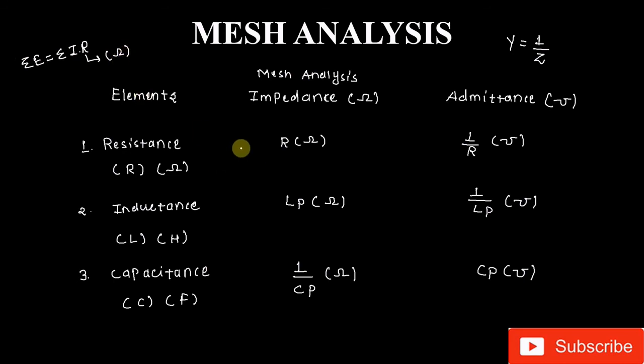So the ohmic value of resistance is R, the ohmic value of inductance is LP, and the ohmic value of capacitance is 1 upon Cp. Here I have discussed some basic concepts of mesh analysis, why we have to understand mesh analysis, and what the purpose of understanding mesh analysis is.